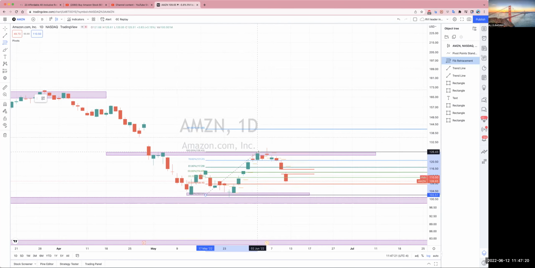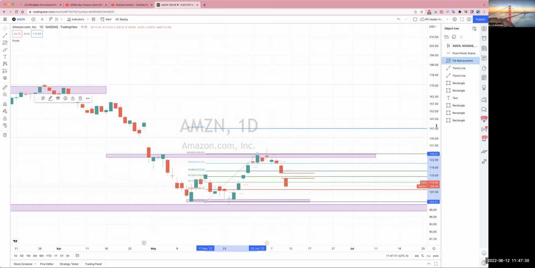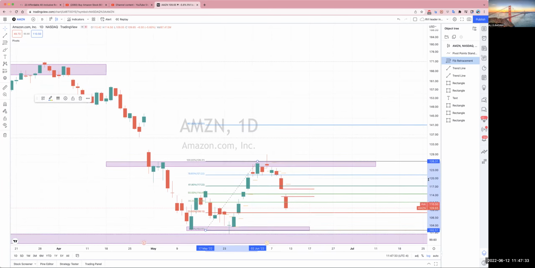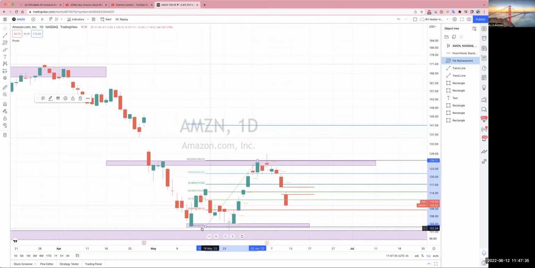You would wait until this area right here, around 107, around 108, which is where the stock is right now, or you wait until you get to the zero line, which is right here. Did I do this correctly? This is okay.